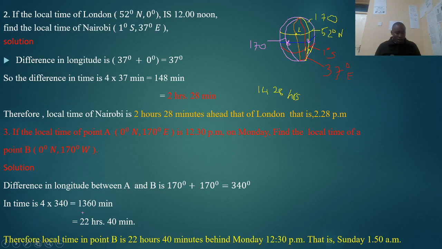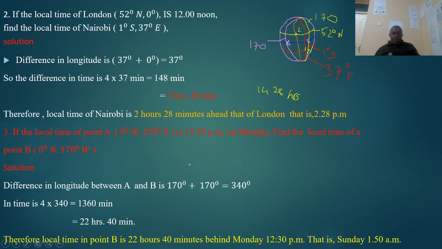If I subtract the 22, I get 0.666, and I multiply by 60 to know how many minutes those are. It's exactly 40 minutes. So it is 22 hours and 40 minutes. Now here you need to think, because it was on Monday.